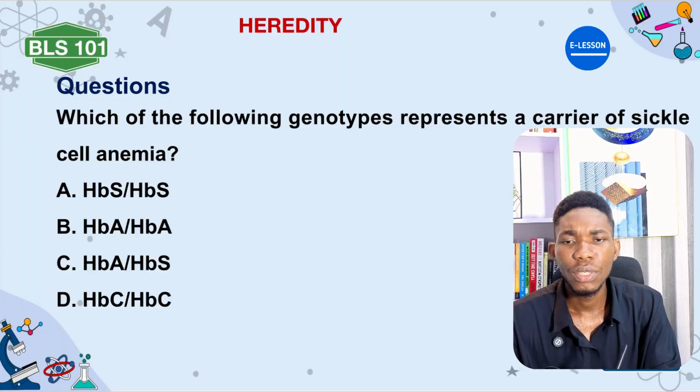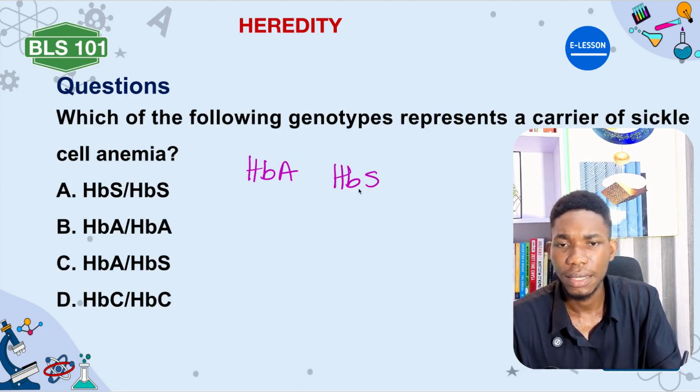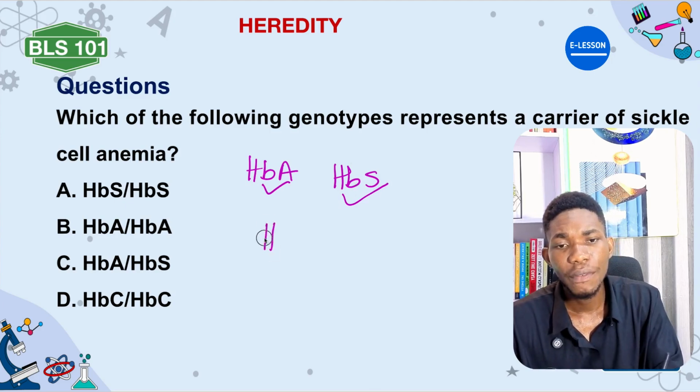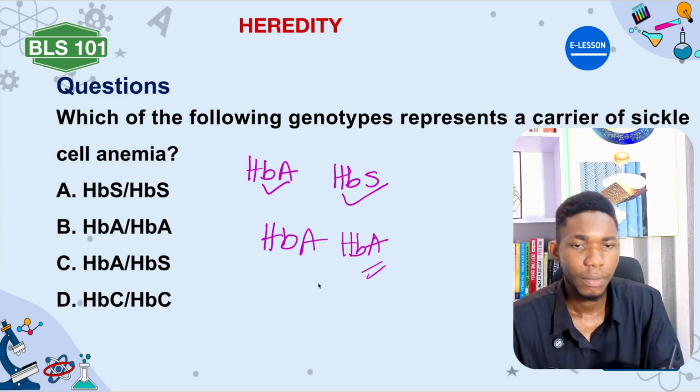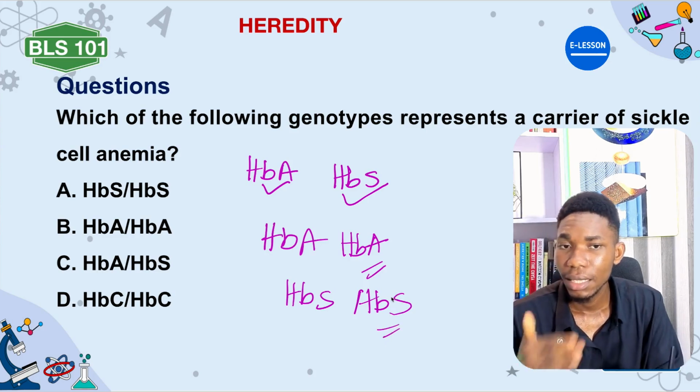So you say hemoglobin A and hemoglobin S. If somebody has hemoglobin A and hemoglobin S, that person is a carrier, but is not expressing it. If you have hemoglobin A and hemoglobin A, you are not a carrier. If you have hemoglobin S and hemoglobin S, then you are a sickler.